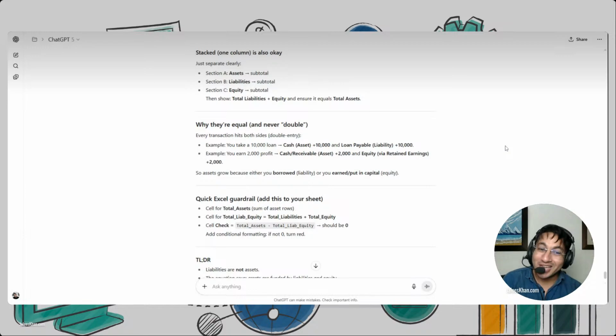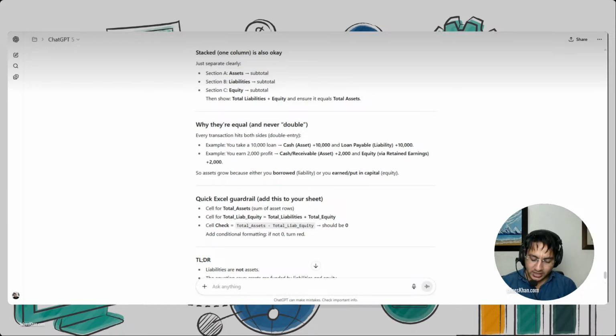Example, you take a $10,000 loan: cash asset 10,000, loan payable 10,000. Then you earn 2,000 profit: cash or receivable asset, equity.